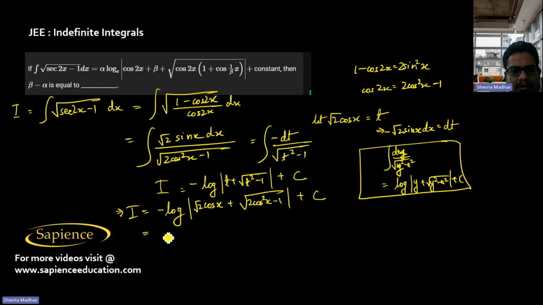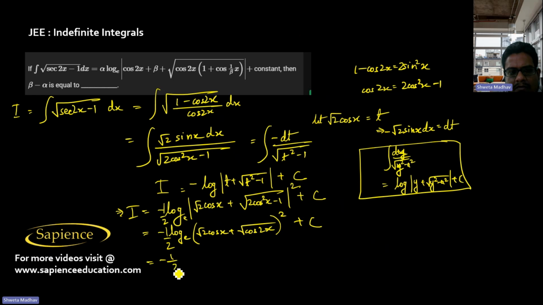Now we can write this as minus 1 by 2 and then square it, so minus half log base e of root 2 cos x plus root cos 2x, whole square, plus c.